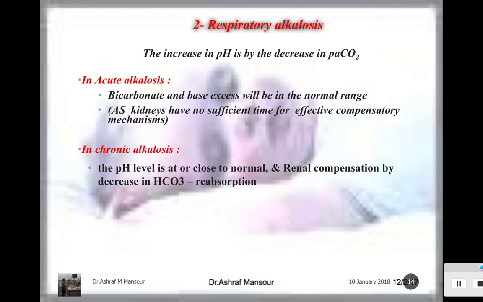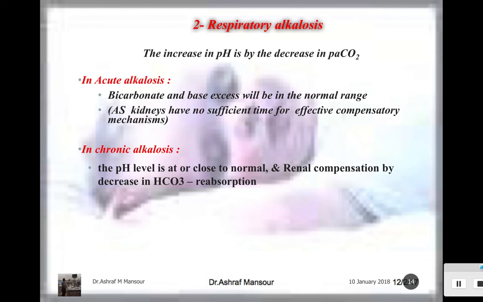The second respiratory disorder will be respiratory alkalosis, where there is an increase in the pH more than 7.45 by a decrease in the CO2. So the decrease in the CO2 is the cause. And also there is acute alkalosis and chronic alkalosis. In acute alkalosis, because it is acute also, the bicarb and the base excess will be in the normal range.